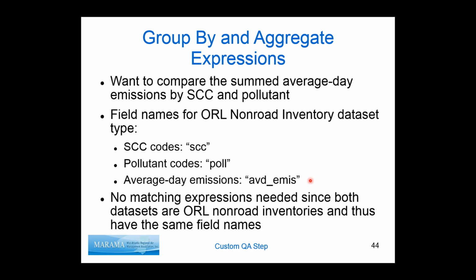Those are the same column names. And I mentioned how we don't need any matching expressions because all of the field names are going to be the same between the base data set and the comparison data set. So we don't need to worry about explaining to the EMF how to match the data sets to each other.